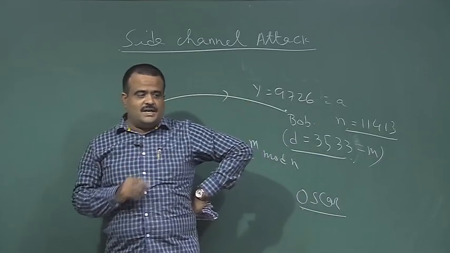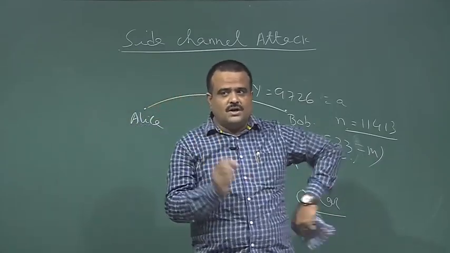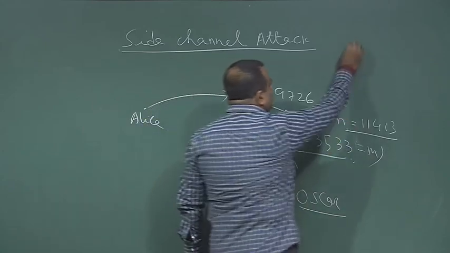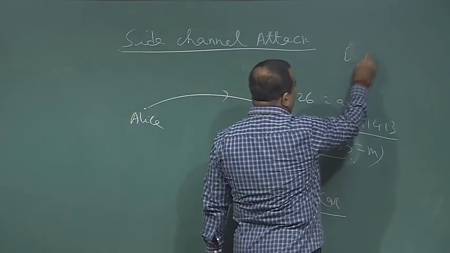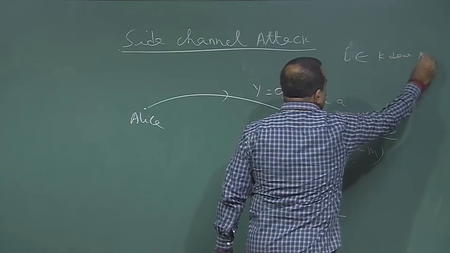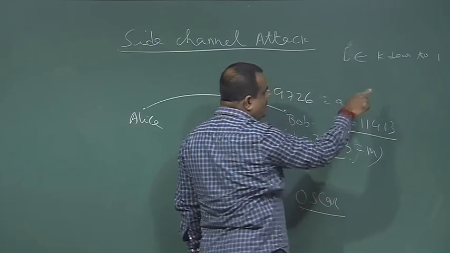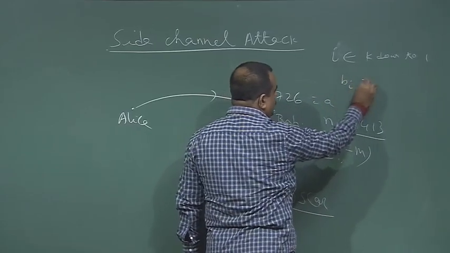By seeing how much time it is taking, suddenly Oscar sees that in some loop, say for some i, in a loop from k down to 1, where every time we are squaring and sometimes multiplying if b_i is 1.